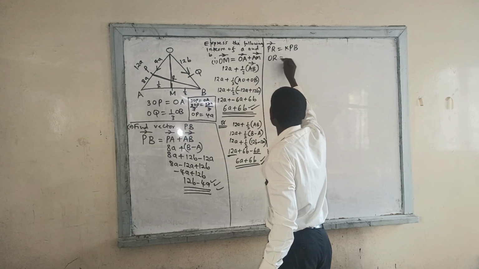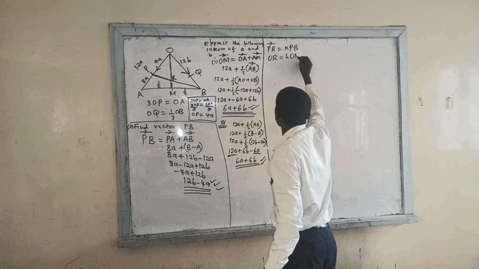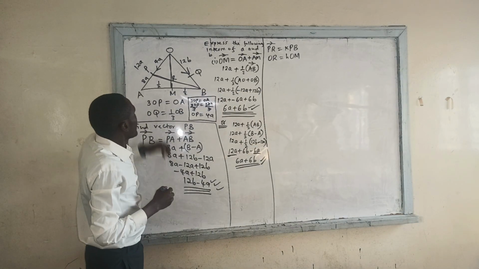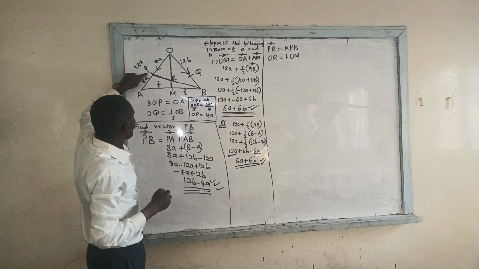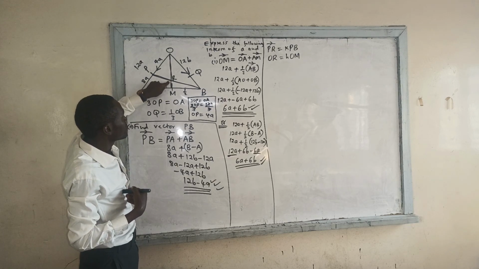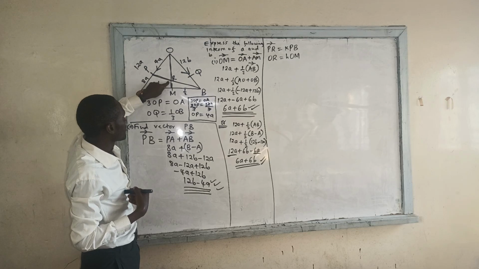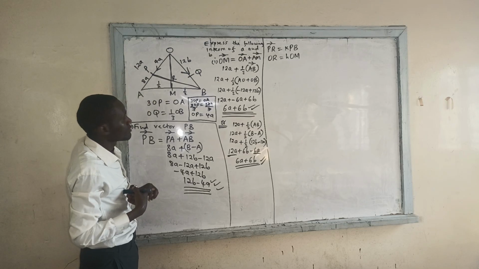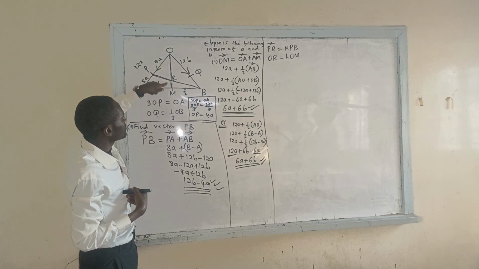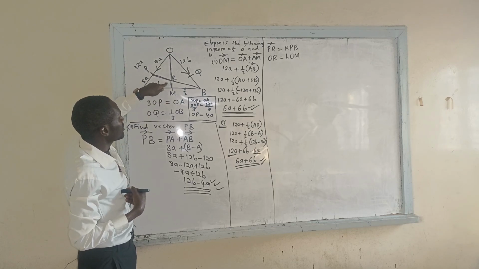You have been told that for you to get PR, you need to have KPB. And for you to get OR, you need to actually have HOM.